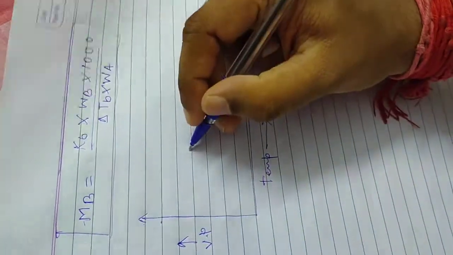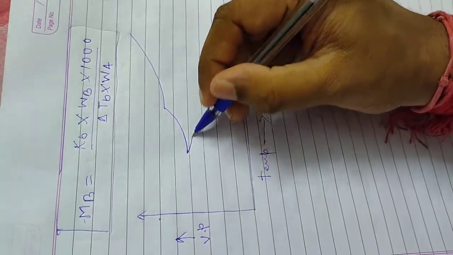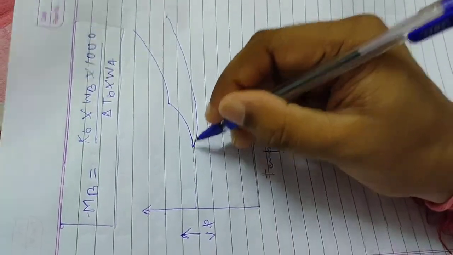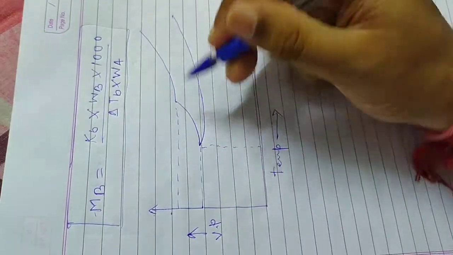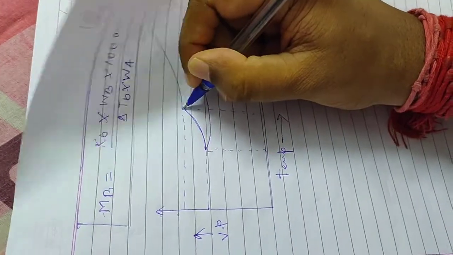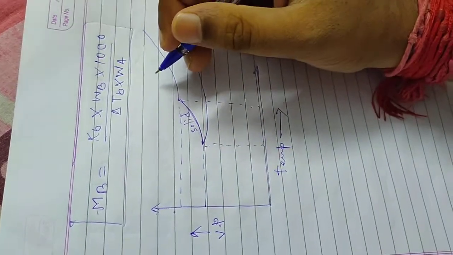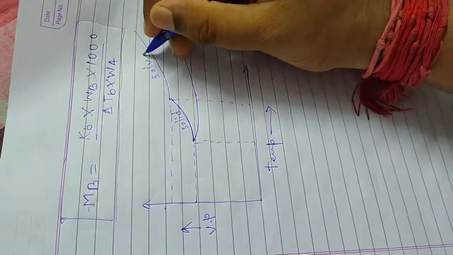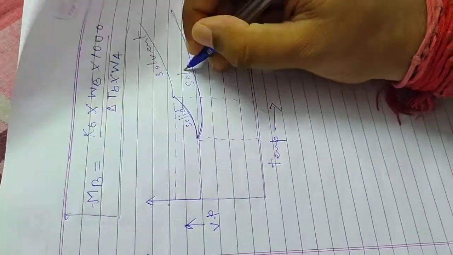This section is to denote the solid form of the solvent, and this is the liquid form of the solvent, and this curve shows the variation of the solution.